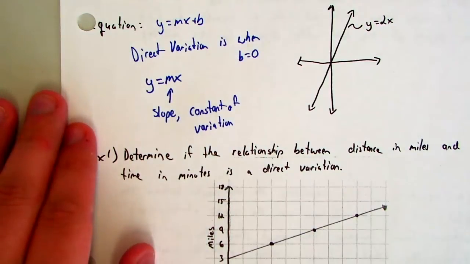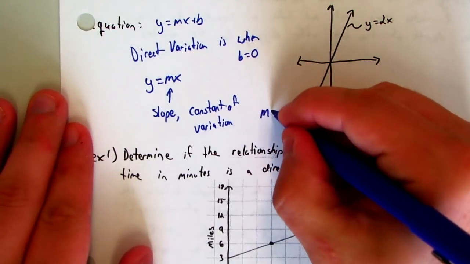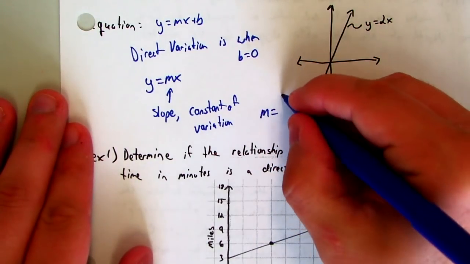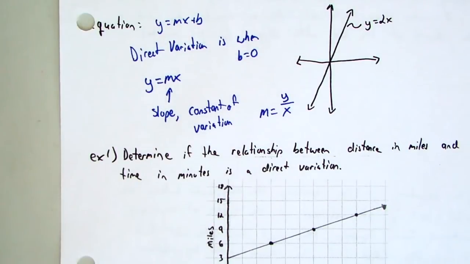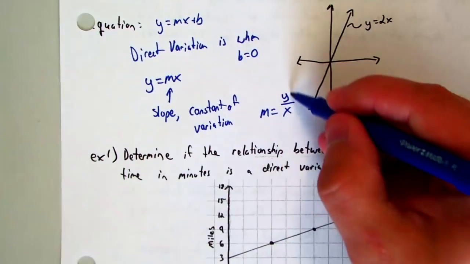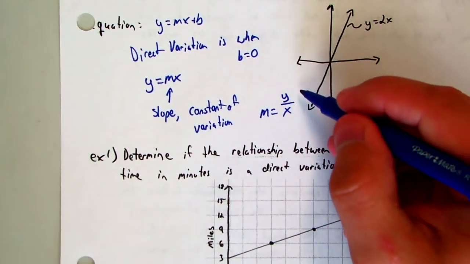So if we want to find slope in this case, or m, we're going to go y divided by x, just like we have been doing the entire time we have been trying to find slope. The nice thing here, though, is we're not really worrying about a change. We're really worried about the proportion between the output and the input.